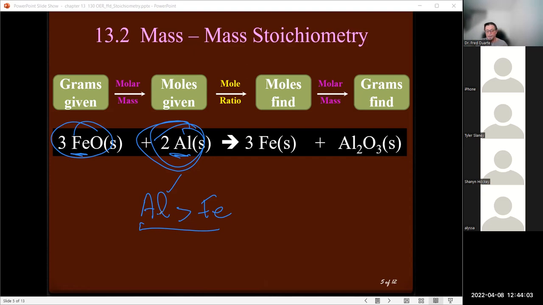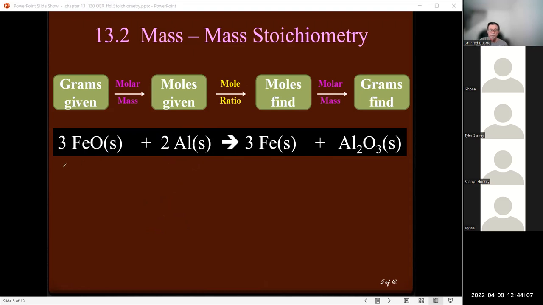And it's a single replacement, because what's happening here is the iron is in ionic form, and here's the other metal in elemental form.